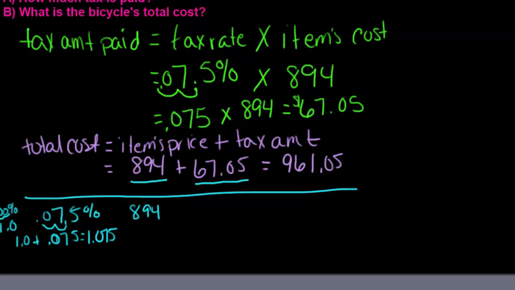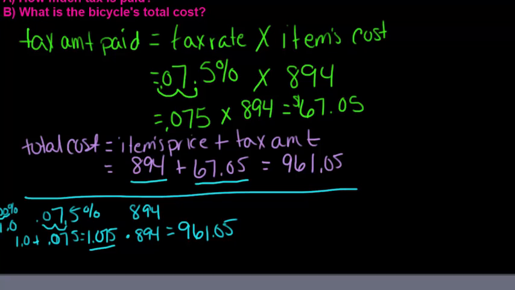So you're going to have the 100% plus the 7.5%, the whole amount plus the percentage of 1.075, and times that by the original amount, 894. And that's still going to give you 961.05.